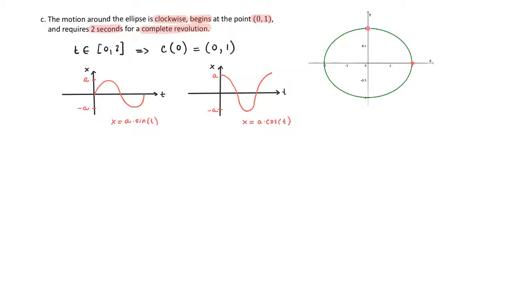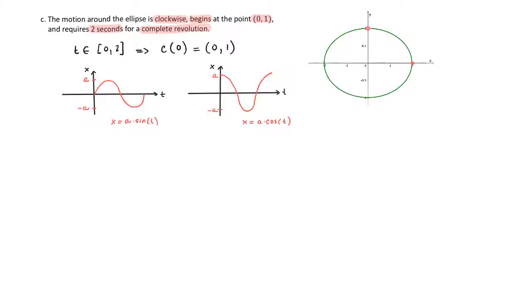I don't want x to be a. What I want is for x to be 0, is what they want me to have now. So I feel that we're going to have to switch things around and use sine for x instead. In the case of sine, when t is equal to 0, we are here at the origin. That really means that x is going to be 0, and that's what we want.